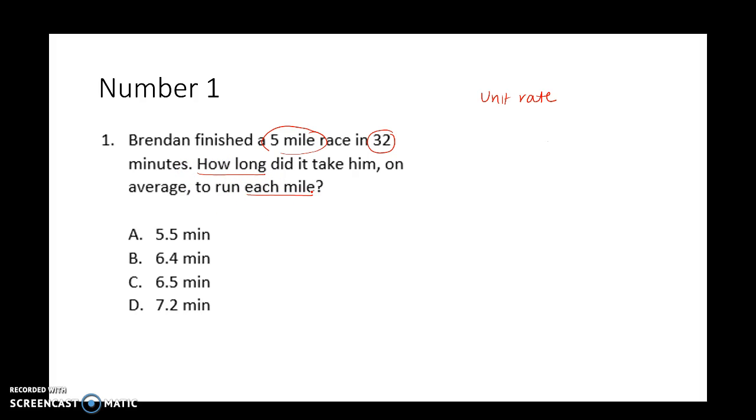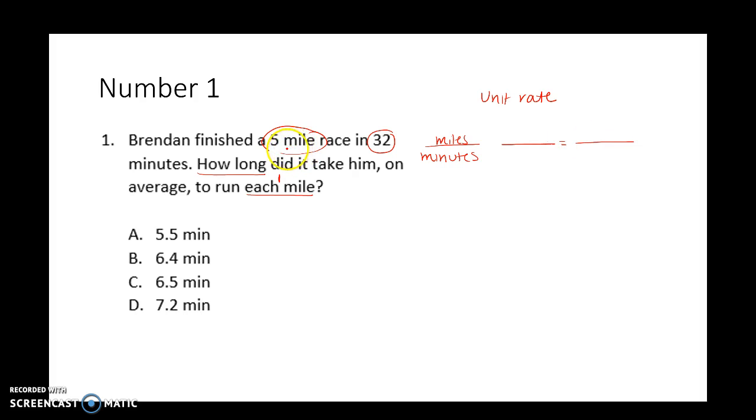So if you say each mile, how many miles are you talking about? 1, right? Okay. So what 2 units are we dealing with? We're dealing with miles and minutes. So it doesn't matter which one's on top or the bottom as long as you're consistent.